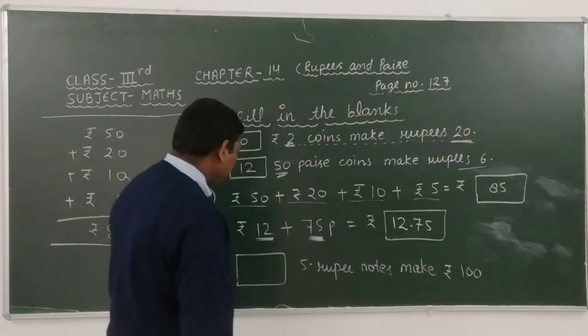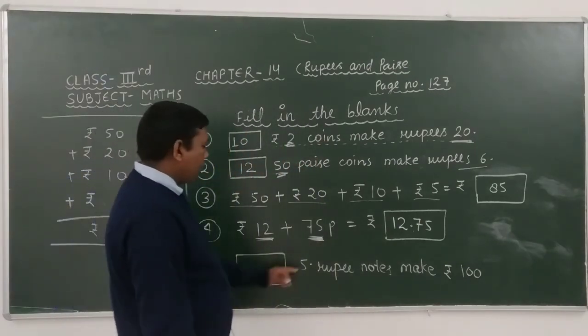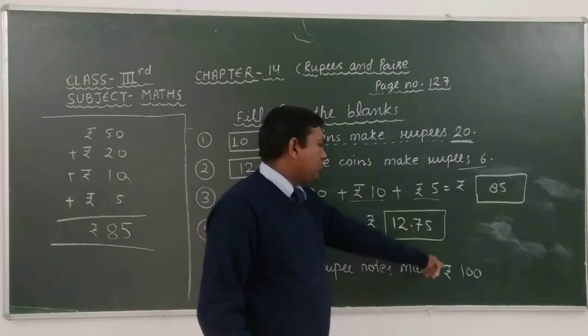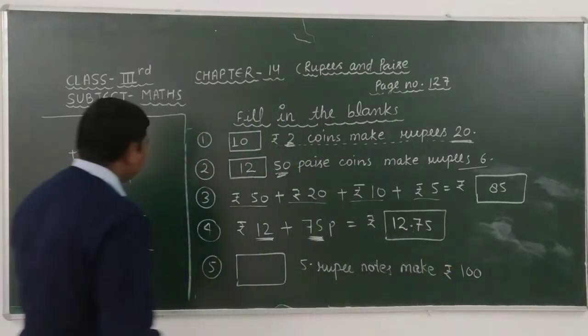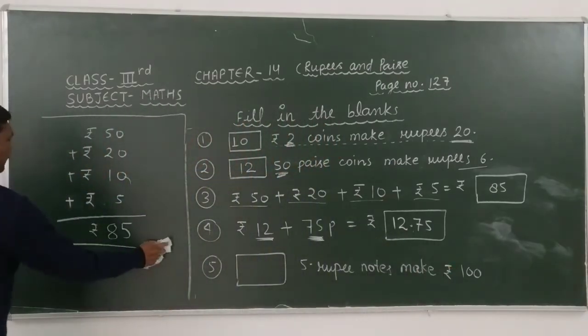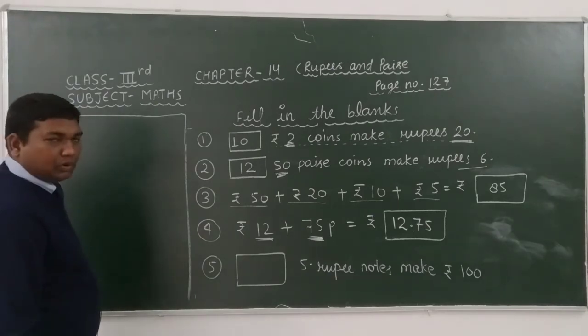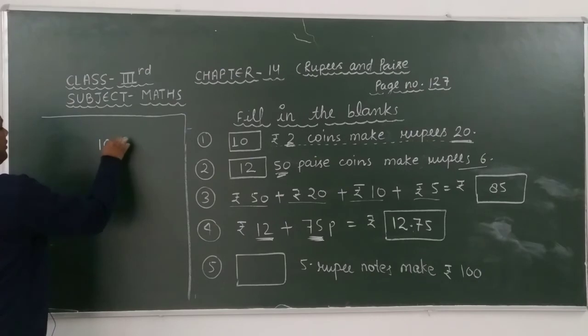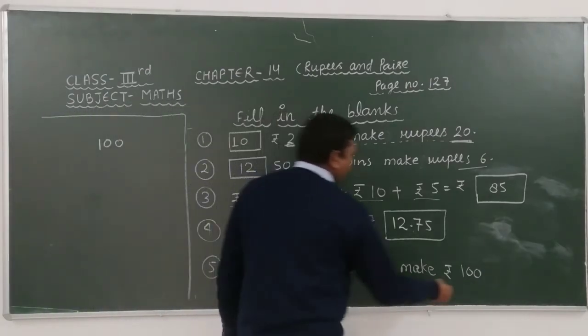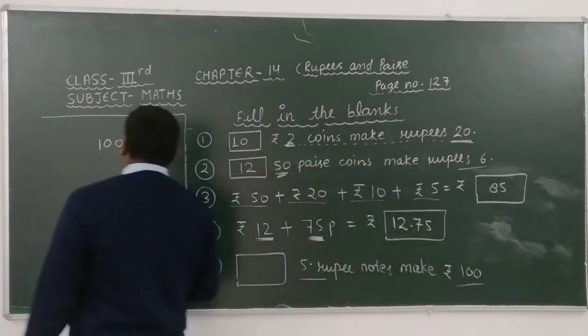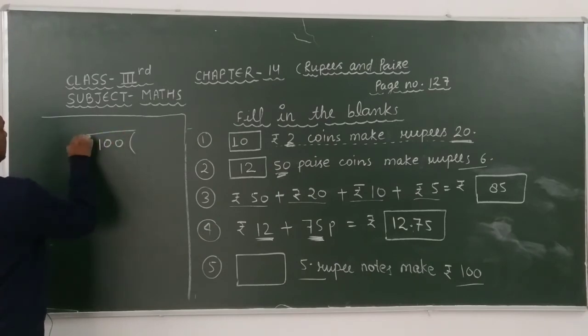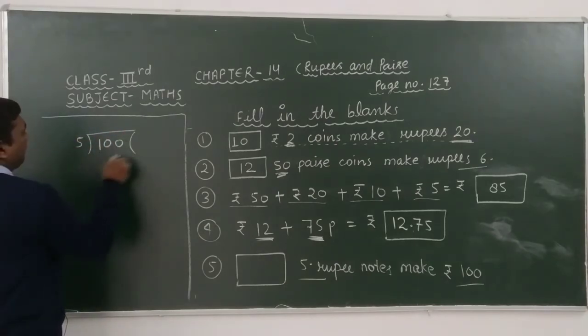Okay students, look, 5 rupees notes make rupees 100. Here rupees 100 and rupees 5 are given. Then we have to divide 100 rupees by 5 rupees. Table of 5, 5 twos are 10.